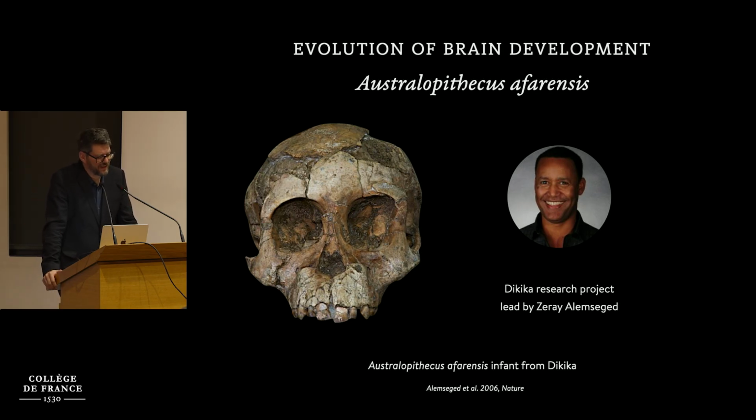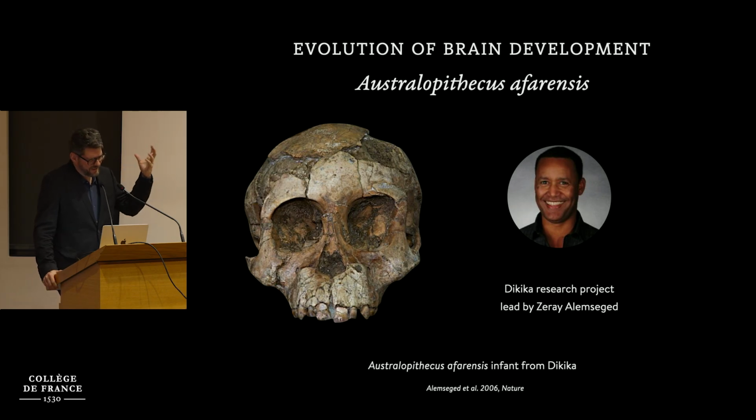So when we talk about development, we need juvenile individuals, or ideally babies. So for Australopithecus afarensis, we have two beautifully preserved infants. And one of them I will talk about in detail today, because this is the Australopithecus afarensis child from Dikika in Ethiopia. And this was found by my colleague Seraya Lemsiget, who is now a professor at the University of Chicago.